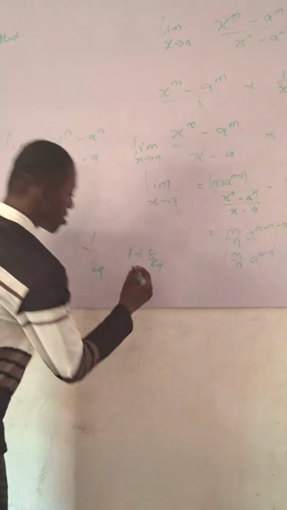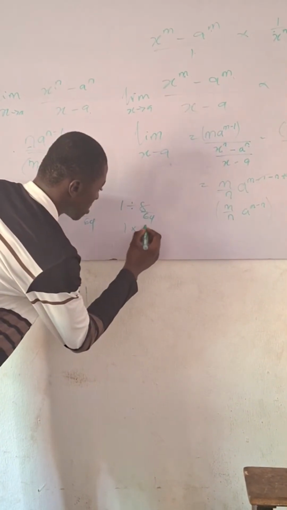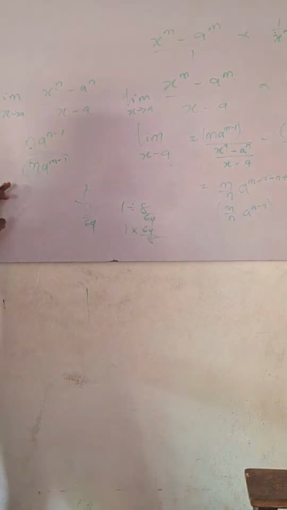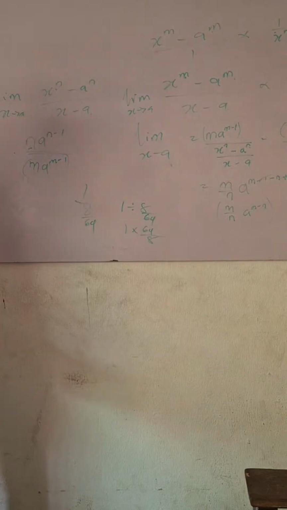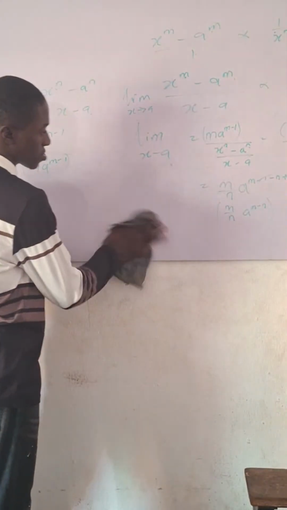It's just how to manipulate division and multiplication, times 64 over 8. That's basically what I just did here. Do you all understand? If you don't understand, let me come again.